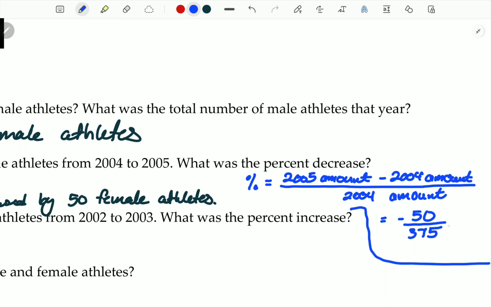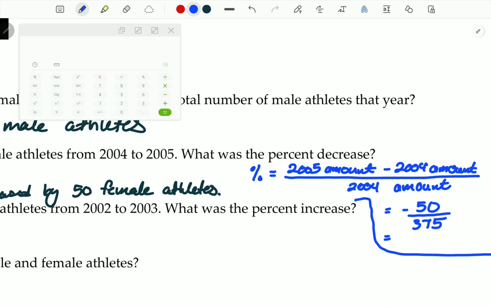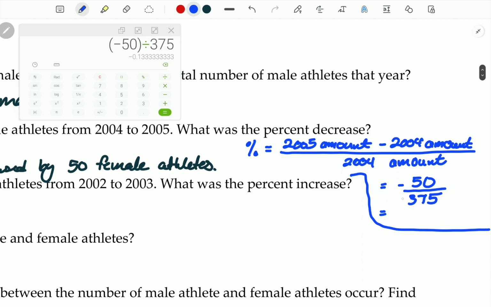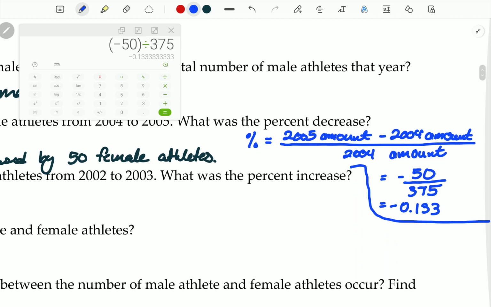Let's divide that and get our decimal. It's going to be negative. So negative 50 divided by 375. Let's take three numbers after the decimal, negative 0.133.